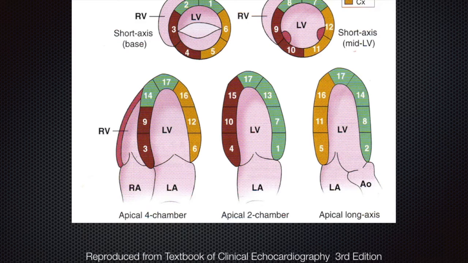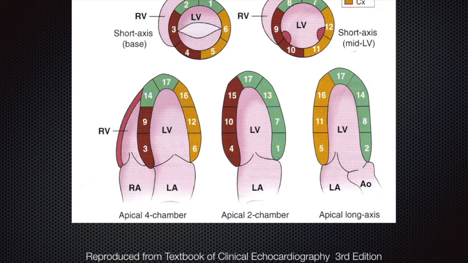With the right coronary artery, the inferior aspect of the septum and the inferior wall would be affected, and that often extends to the right ventricle as well. You can see on the apical 4-chamber that it would affect the base of the septum near the mitral valve, and the inferior wall is clearly seen on the apical 2-chamber.